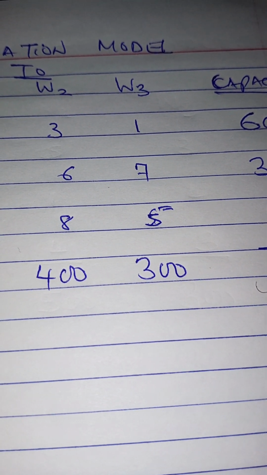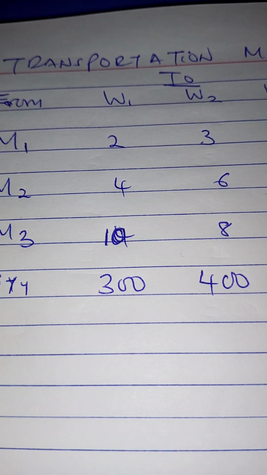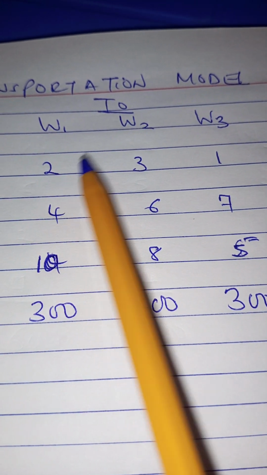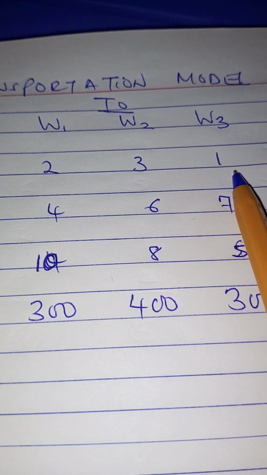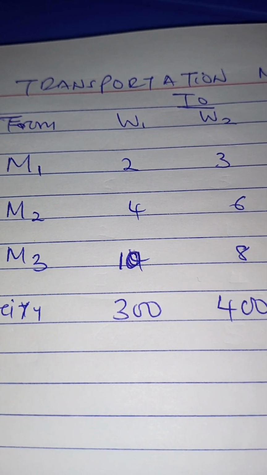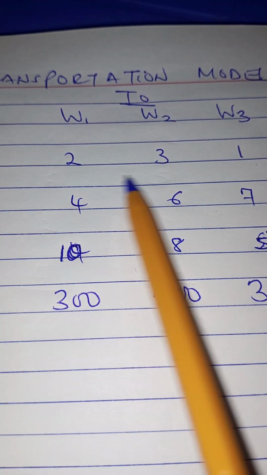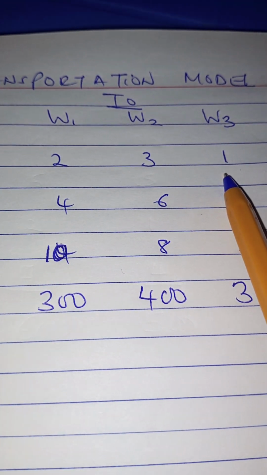When met with such a question, the first thing to look at is the transportation costs, which are 2, 3, and 1 for transporting from manufacturing plant 1 to W1, W2 and W3 respectively.